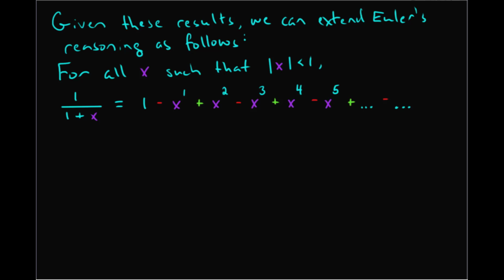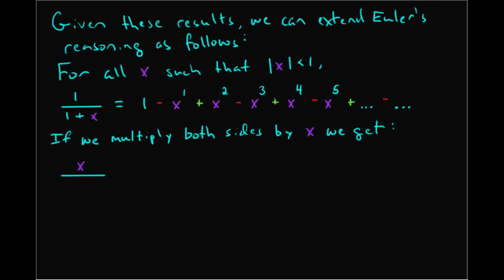So for reasons that I hope will become very apparent in a moment, the first thing we want to do here is multiply both sides of this equation by x. When we do that, we get x over 1 plus x equals x minus x squared plus x cubed minus x to the fourth plus x to the fifth minus x to the sixth plus dot dot dot.